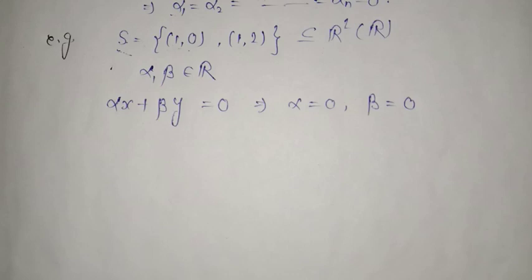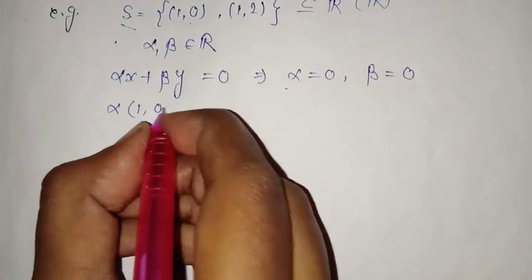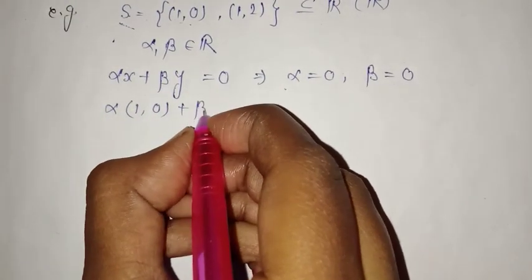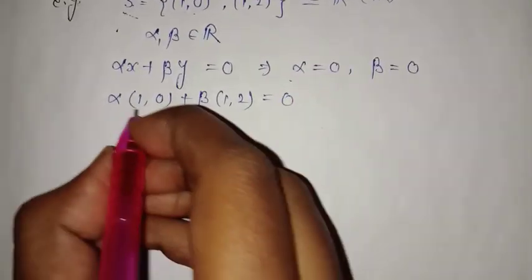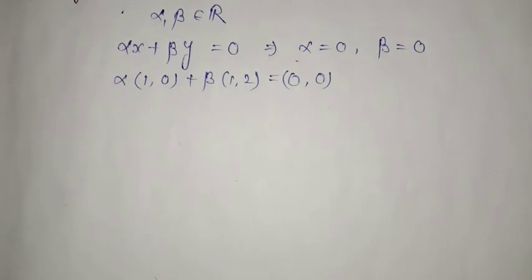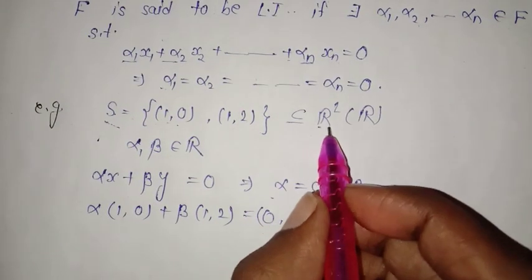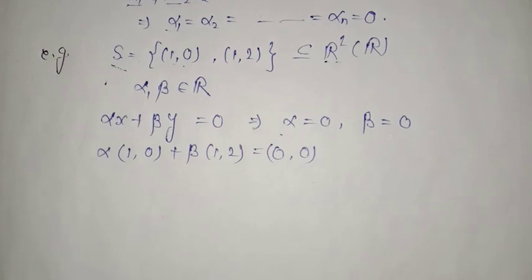In this case alpha and beta must be 0. So let's put the values of the vectors: alpha into (1, 0) plus beta into (1, 2) equal to 0. This is (0, 0) in ordered pair because we are taking each and every element from R2, so they must be in the form of an ordered pair.